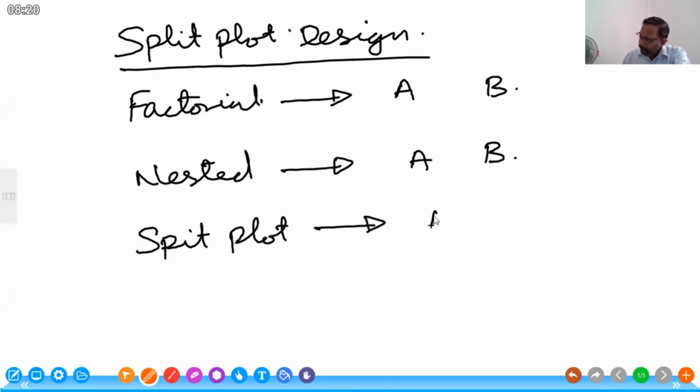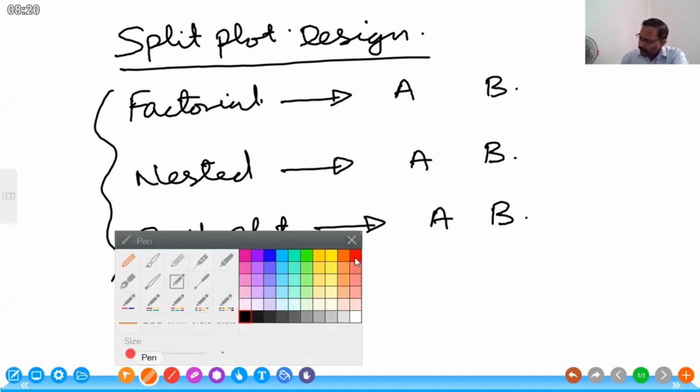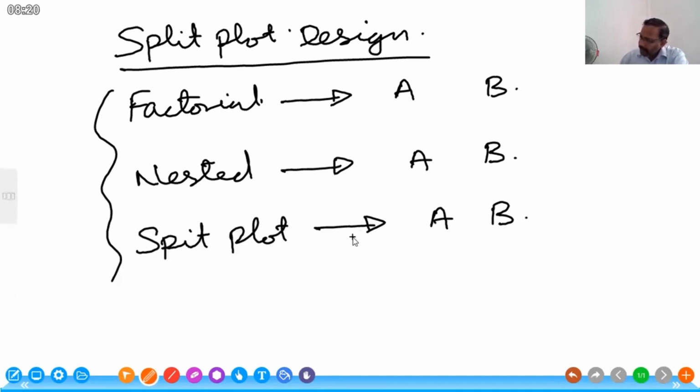Again, we can talk about the same combination, factor A and factor B. There's a difference between these three. The first one, we said, here we have factorial combination A0, A1, B0 and B1. Here also we have combination.